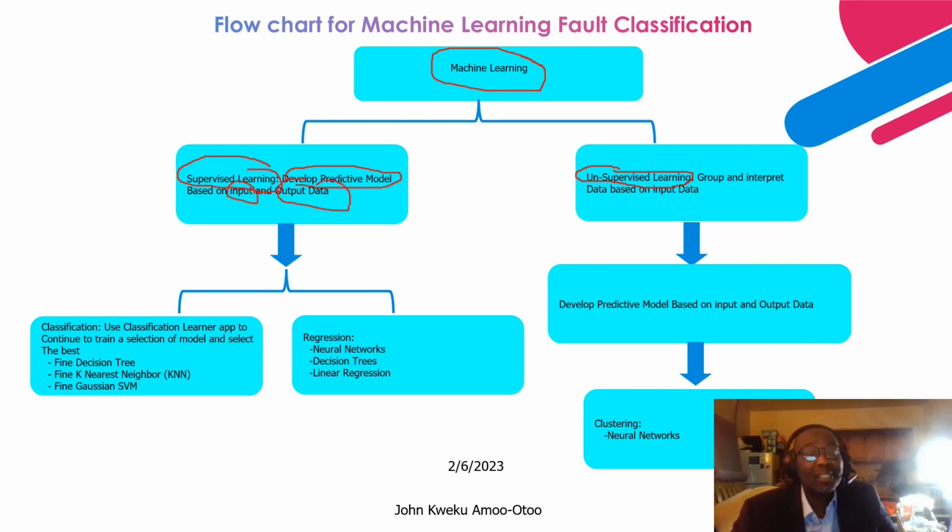You have to assign the prediction. On the other hand, unsupervised learning just groups and interprets the data based on the input that you provide. So I've indicated that machine learning can be grouped into supervised learning and unsupervised learning.